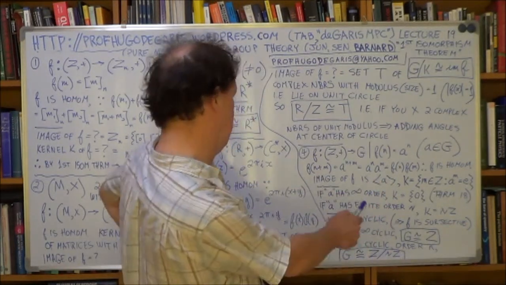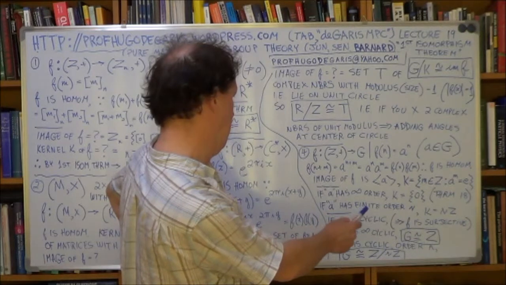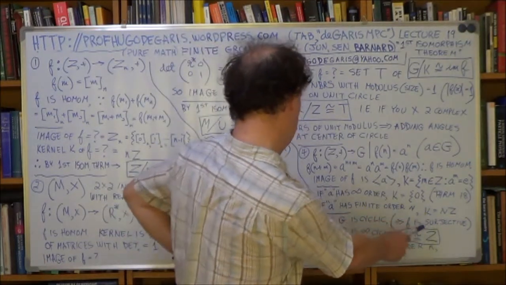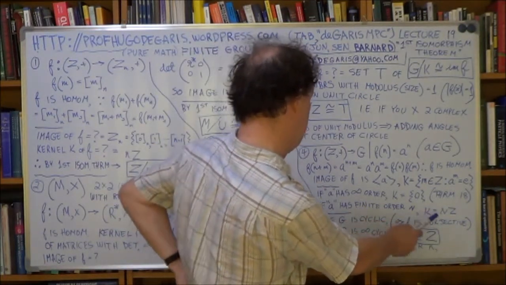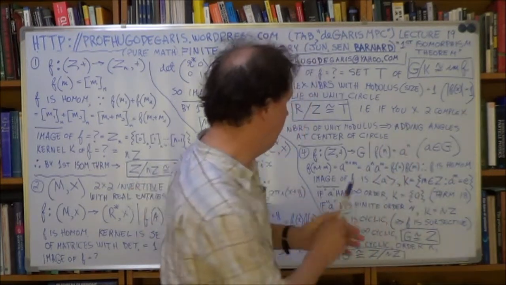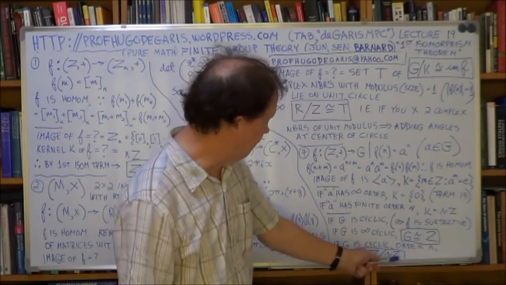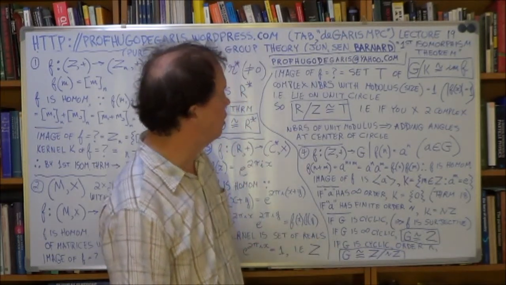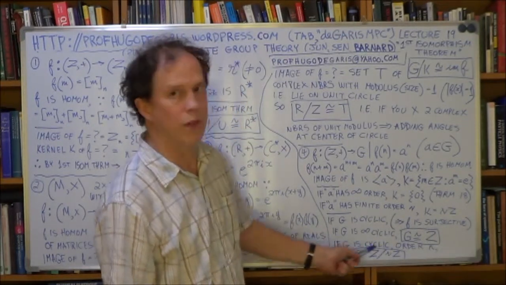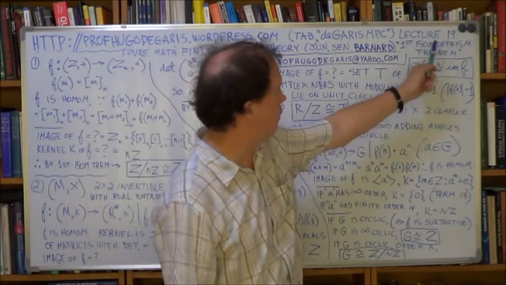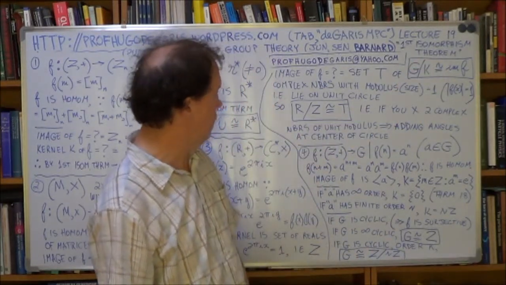Did we talk about that? Yeah, so here's your kernel, just big N of Z. So just plug it in here, and there you've got your fourth example of the first isomorphism theorem.